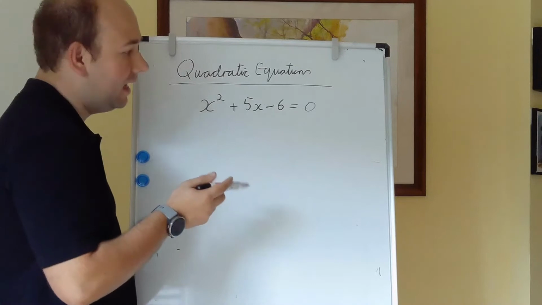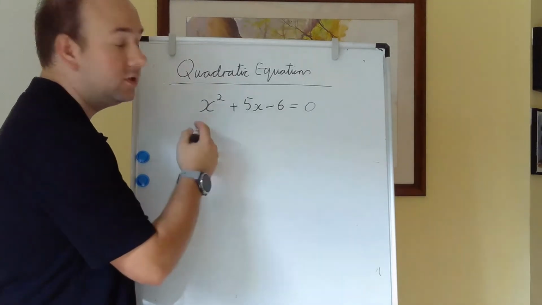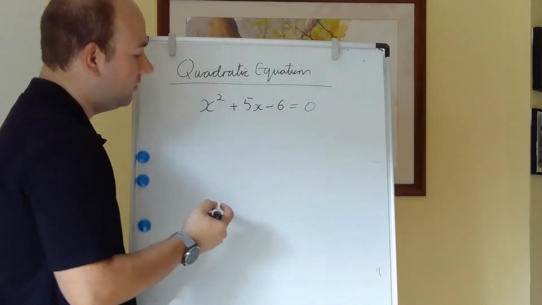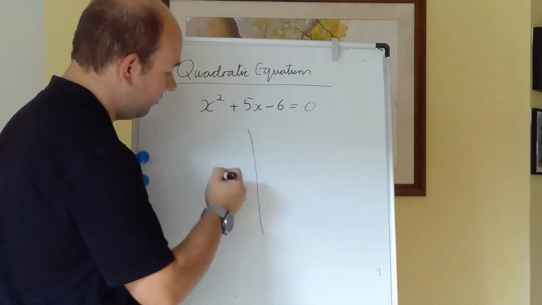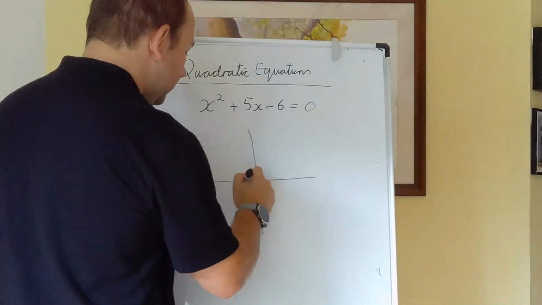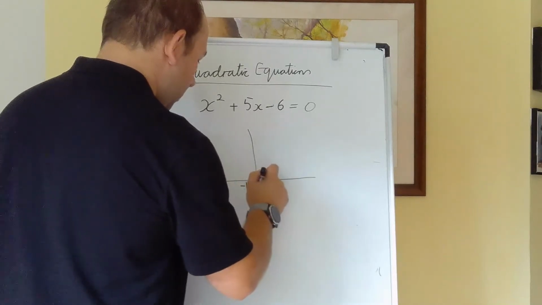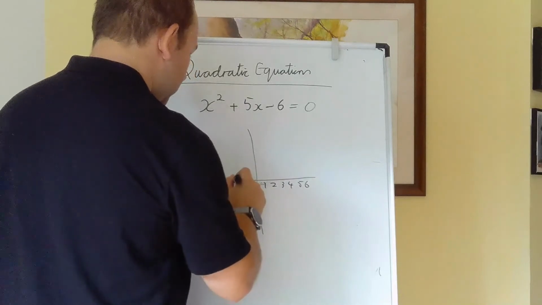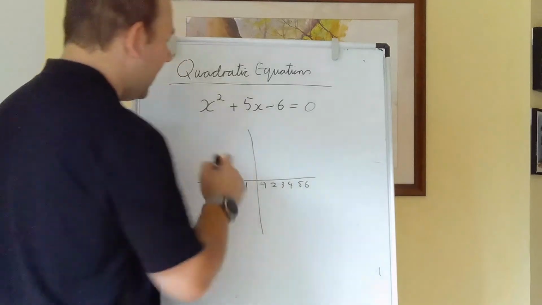There is a trick we can use to improve our guesses, which is to make a plot or a sketch of this graph. We start off with the graph. We know it's going to be U-shaped. We put some values on here: minus 1, 1, 2, 3, 4, 5, 6, minus 2, minus 3, minus 4, minus 5.